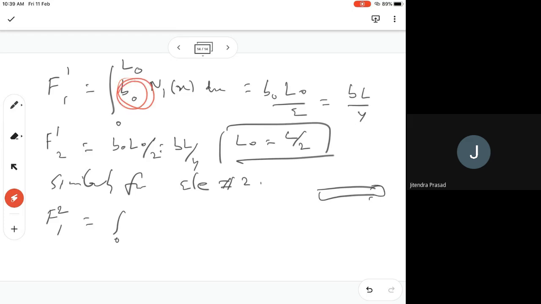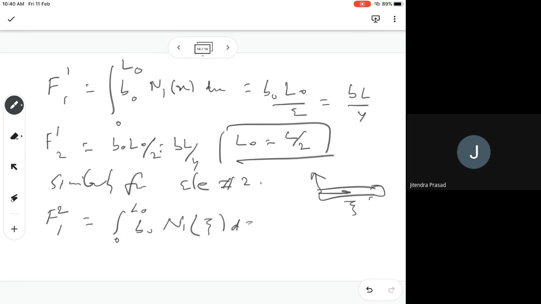The B naught is not depending on X, and the N1 expression you can write the same way. In the local coordinate system, let us say from here your zeta starts. So you can write the integral of B naught N1 zeta d zeta from 0 to L naught. I'm writing zeta here so as not to confuse with X, because your X starts here.